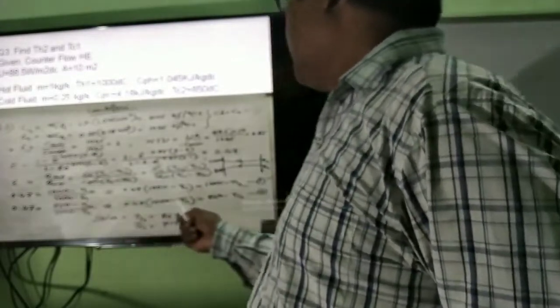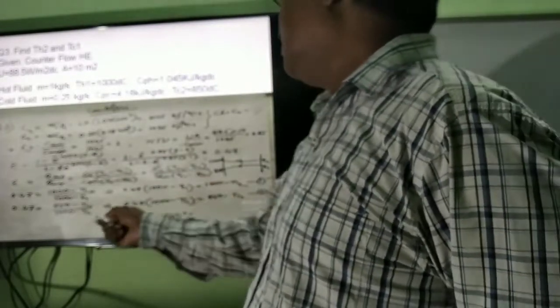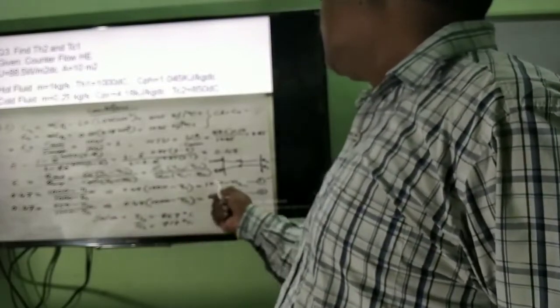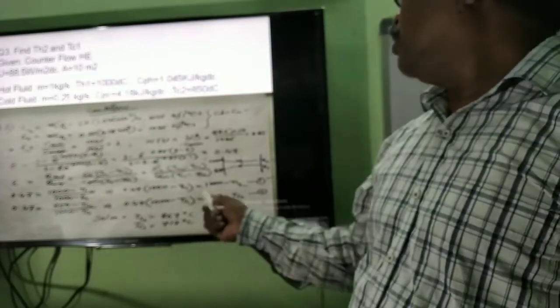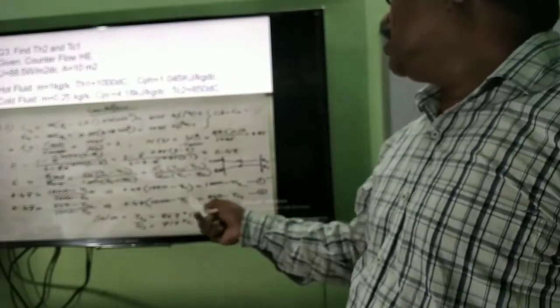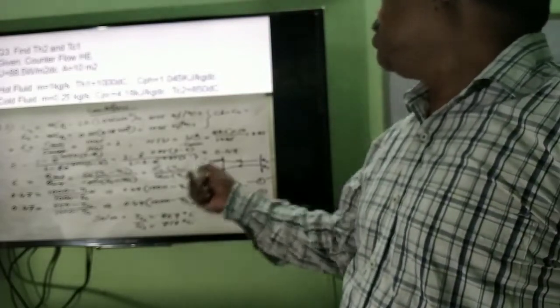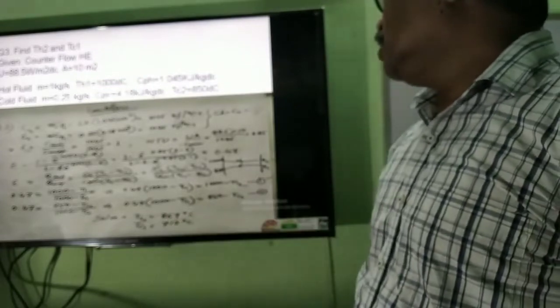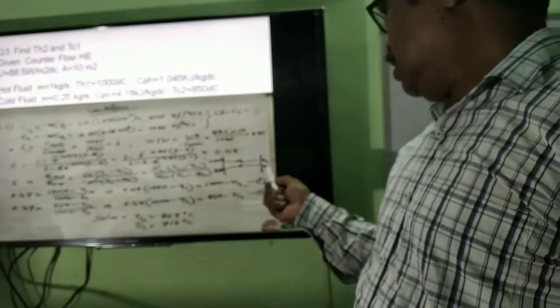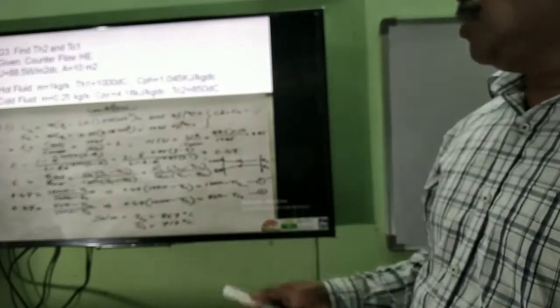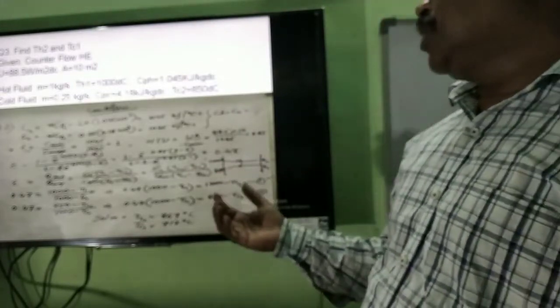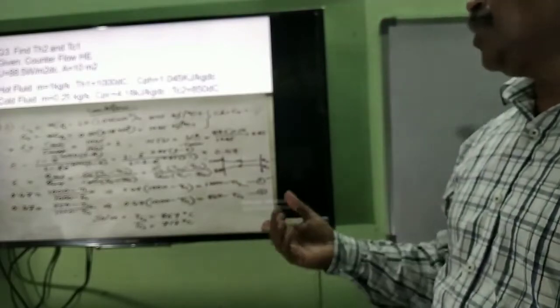From here you will get one equation. From cold fluid you will get another equation. So you will get two equations. From this you can find TH2, the exit temperature, as well as TC1, the entry temperature of cold fluid. Okay, so this is a little bit lengthy question and you need patience for this.